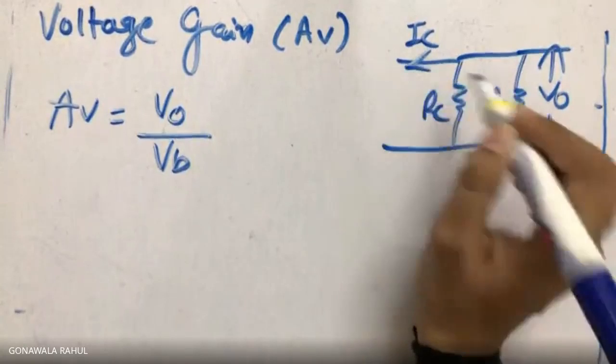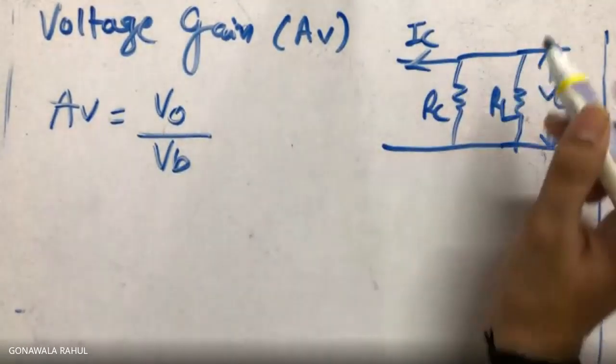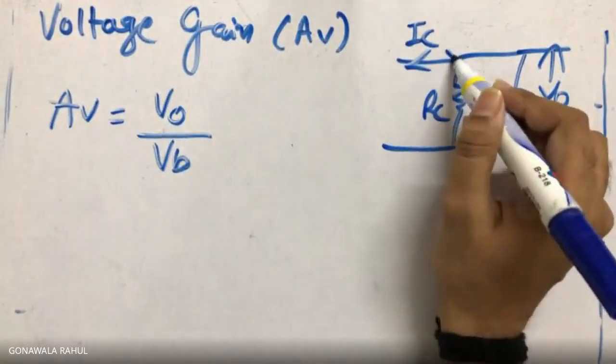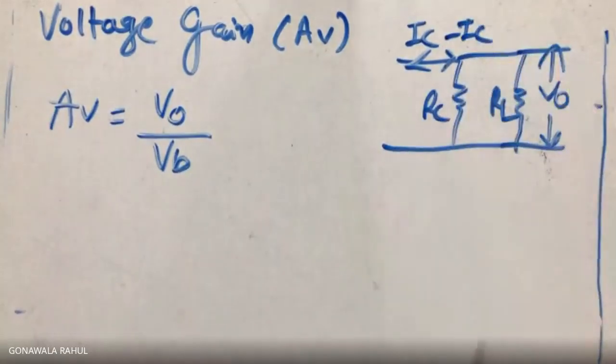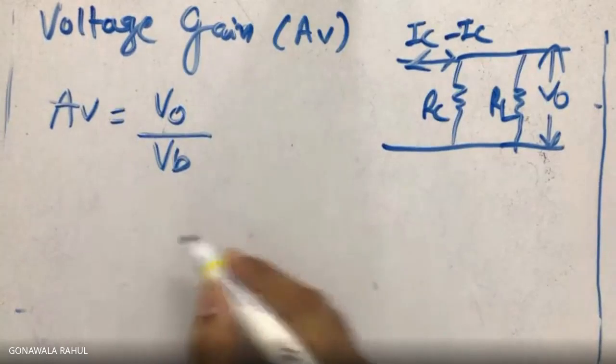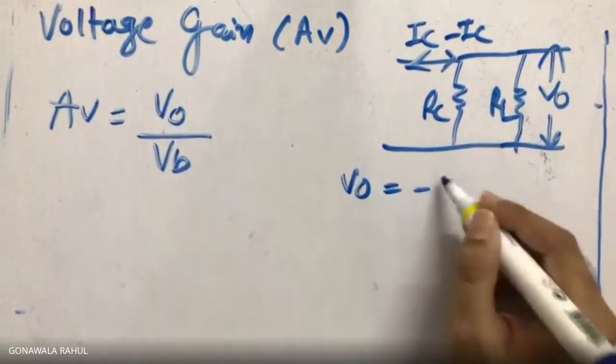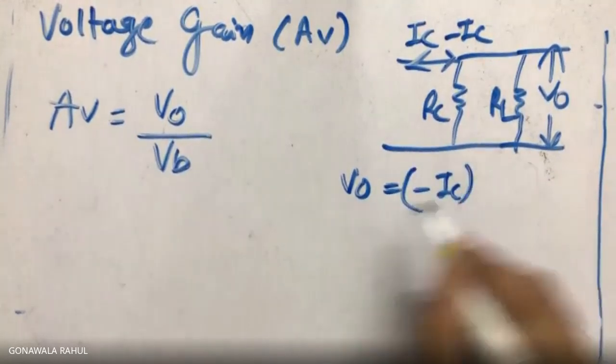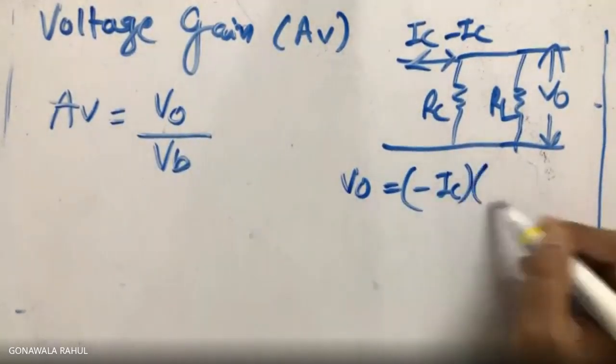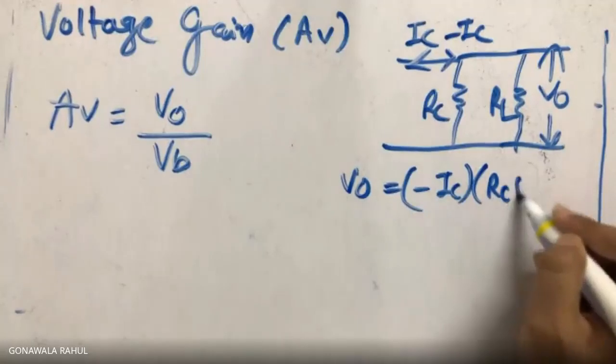This is the collector current direction IC, so if I assume this direction, then I can denote it as minus IC. So output voltage V0 is equal to minus IC into R, where R is RC parallel RL.